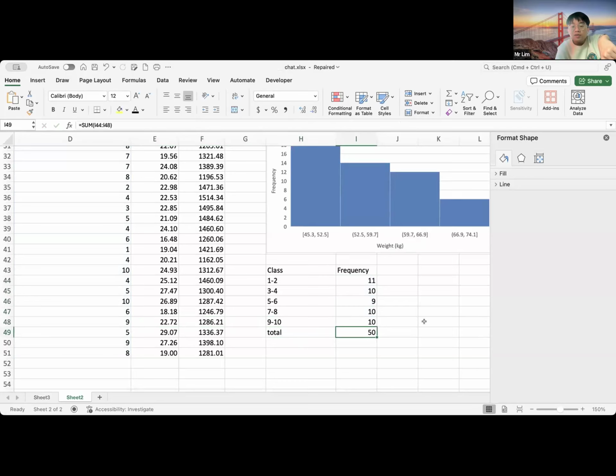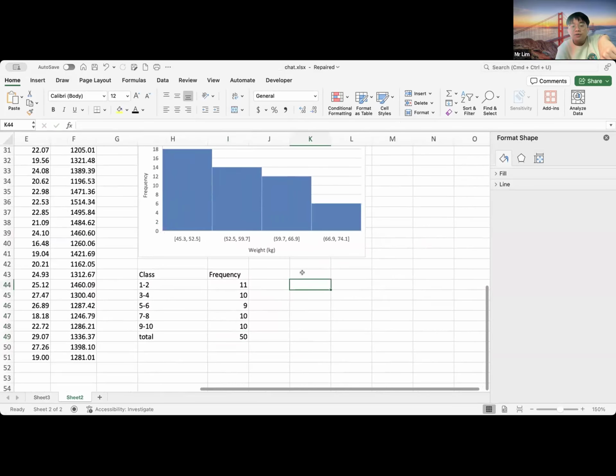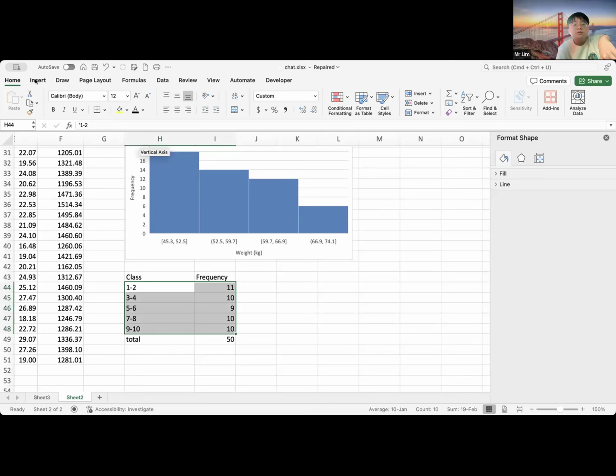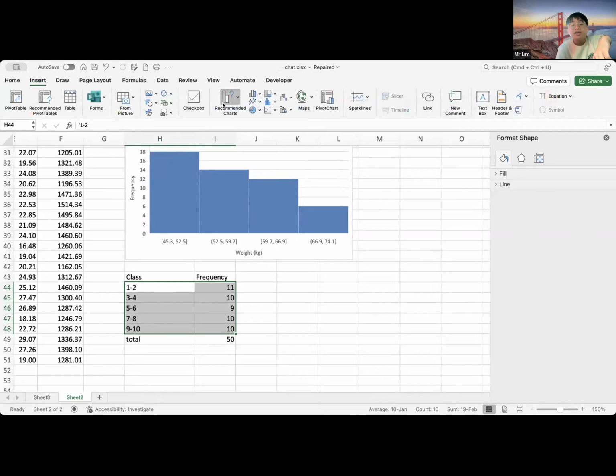Well, with this, you can now generate a histogram already. So now you select here, you select these two. You must select together. And then you go to Insert, Recommended Charts.